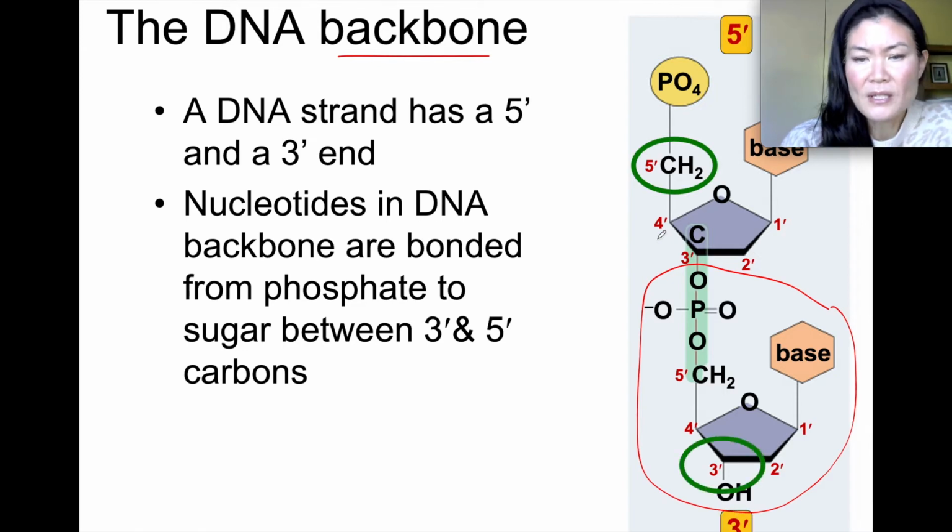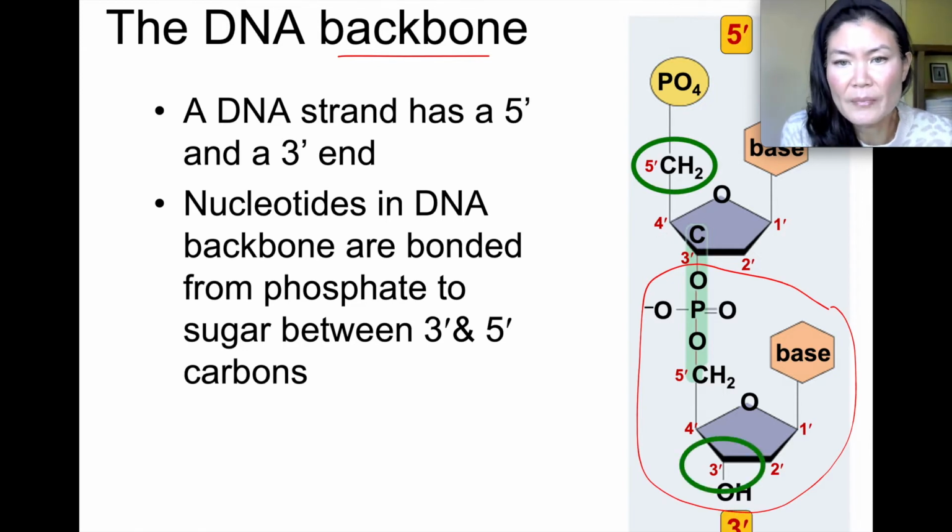Okay, and so we say that DNA has, like if this was a very short train made up of 2 nucleotides or 2 boxcars, this is the 5' end, this is the 3' end. The reason why it's called the 5' end on this side and the 3' end on that side is because of which carbon in the deoxyribose sugar is closest to that end.